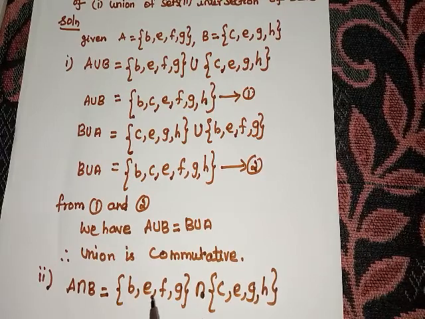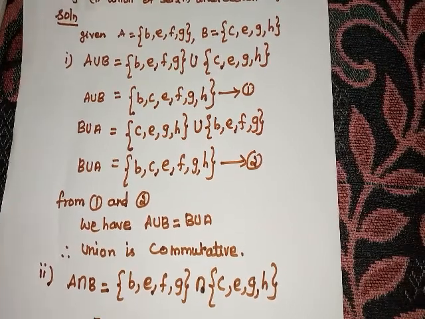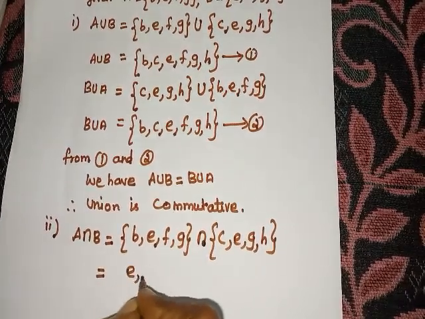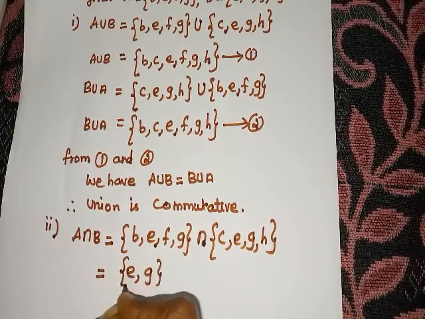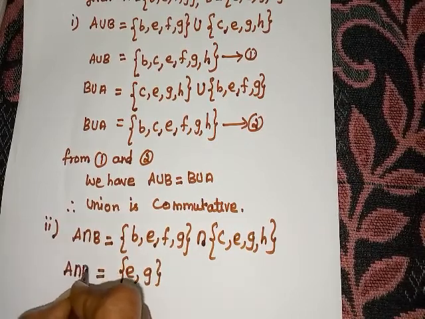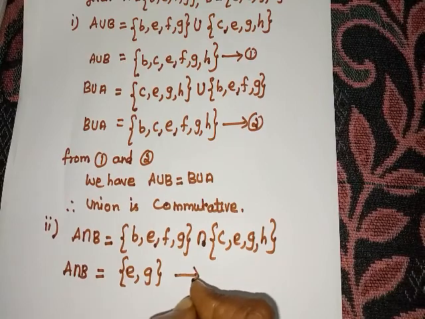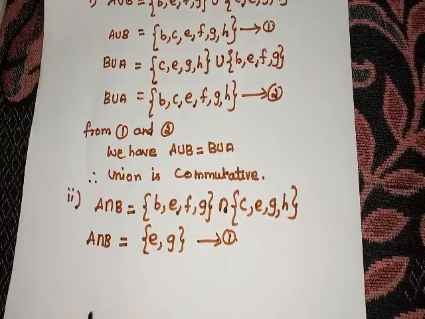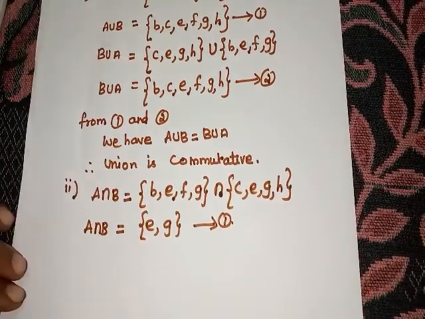Which elements are in both sets? E and G. So we write E, G. Here A intersection B is E, G. Let's call it equation number 1.